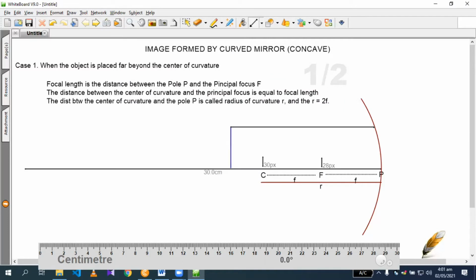So all the rays of light that hit the mirror converge at the principal focus. So the ray will pass through the principal focus because it's converging there. So let's say it goes like this. I want to extend this a bit, and this one I want to come down.